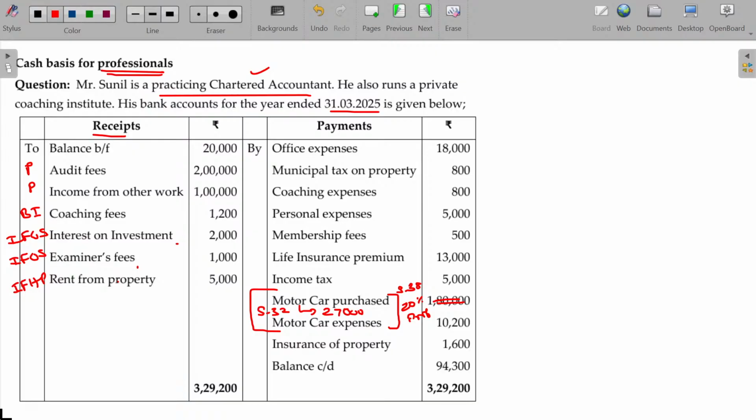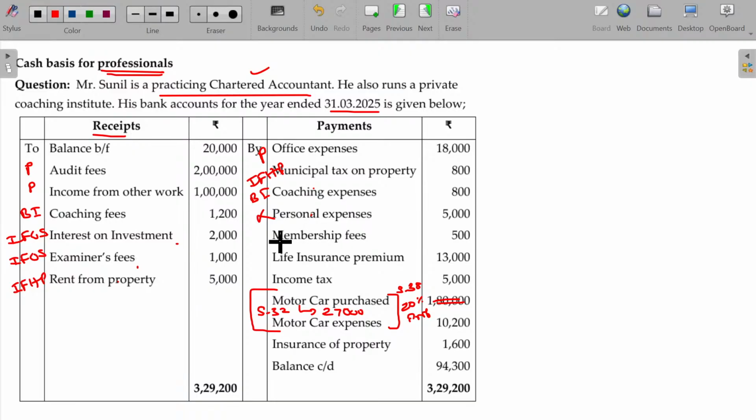Now, office expenses related to his professional service. Municipal tax paid is adjusted in income from house property. Coaching expenses, business income. Personal expenses are not deductible. Membership fees: to be a member in CA, CMA, CS, whatever it may be, they have to pay the fees.